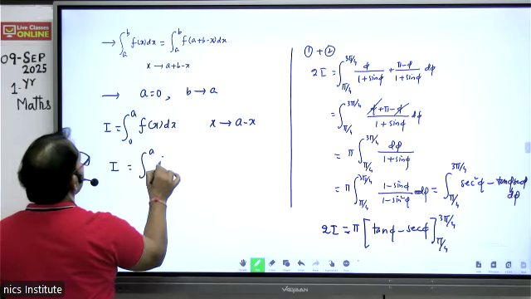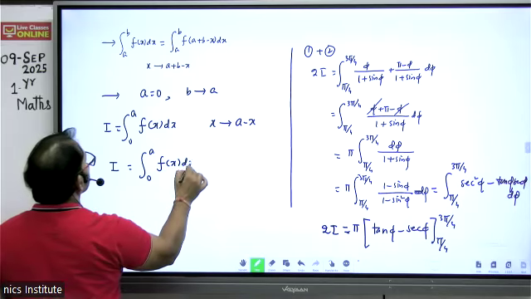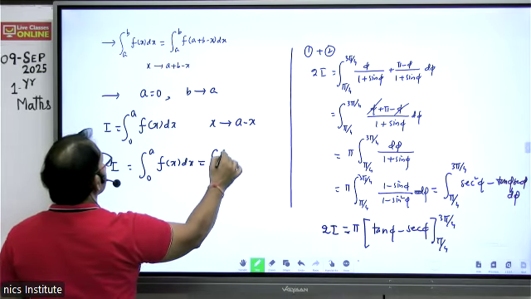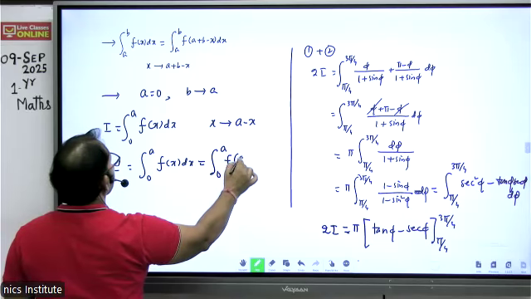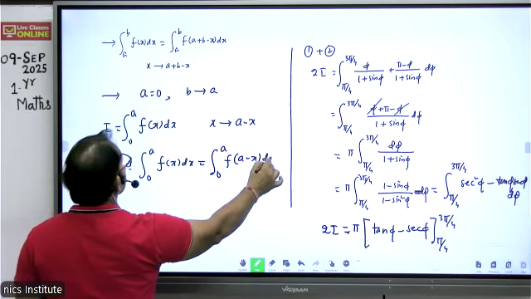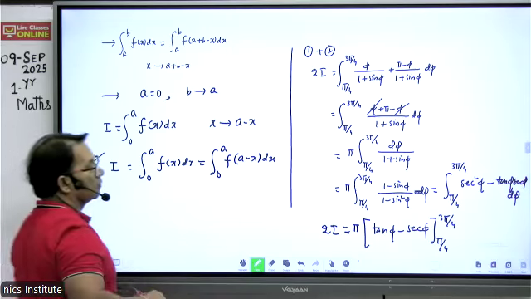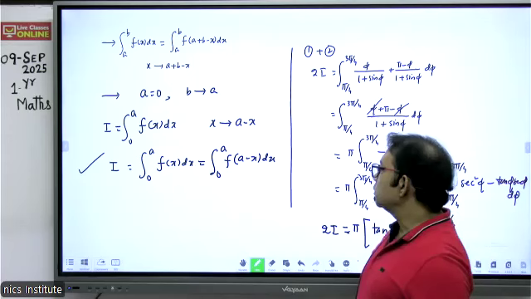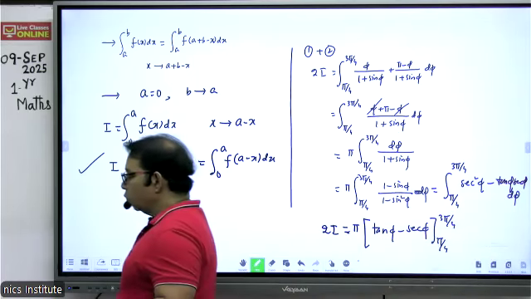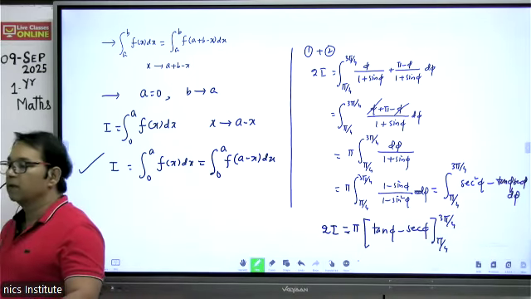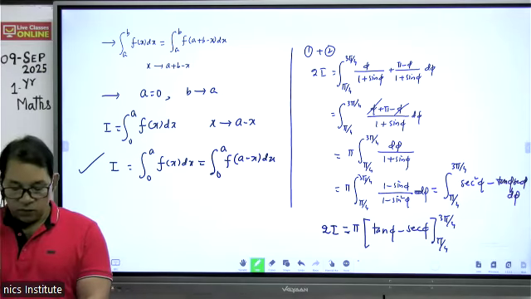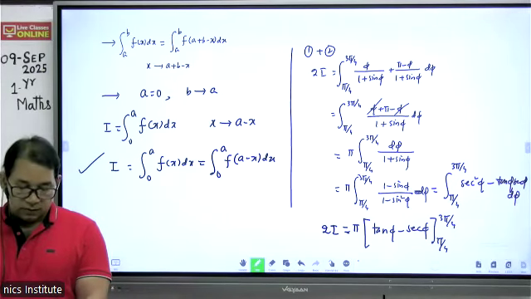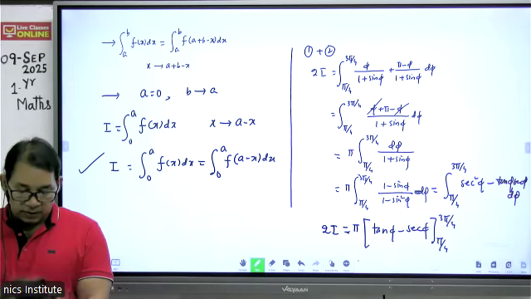So 0 to A f of x dx will always be 0 to A f of A minus x dx. But for this property to be used, we have to have the lower limit at 0. Many questions which were otherwise non-integrable can be easily answered by using this.